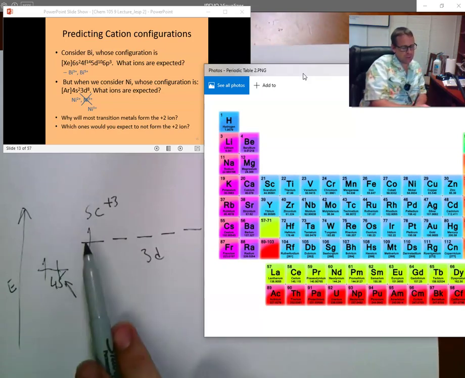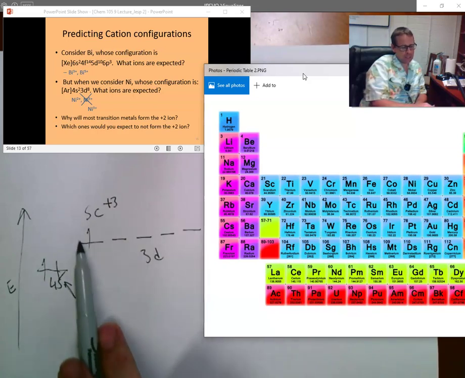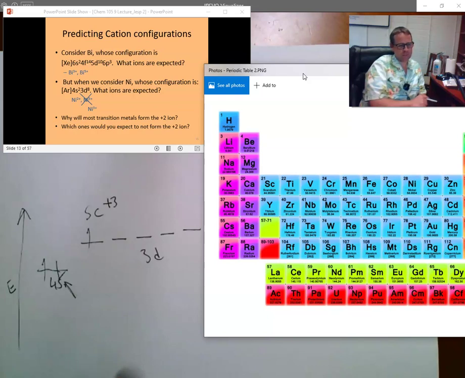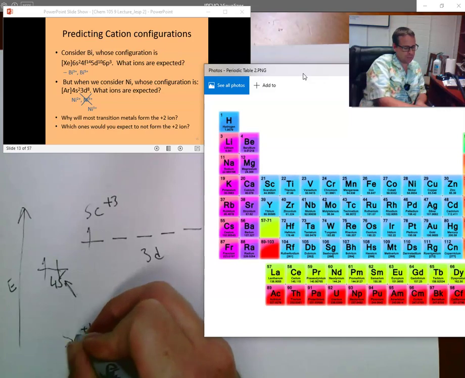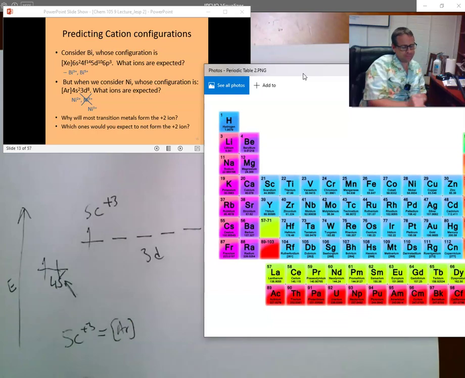But if it's going to remove those and leave behind that ugly thing, right? It just has to remove one more, and then it has what when it removes one more? +3 charge. Has a +3 charge, and what is left behind? What would be the electron configuration for scandium +3? Just argon. That's right, just an argon core, right?